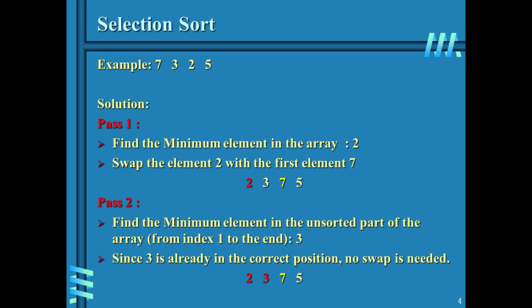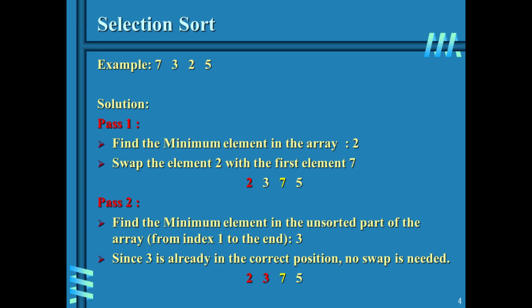Now compare this assumed minimum element with all other elements in the unsorted array. From our example, the minimum element in the array is 2. Hence, swap the element 2 with the first element, which is 7.